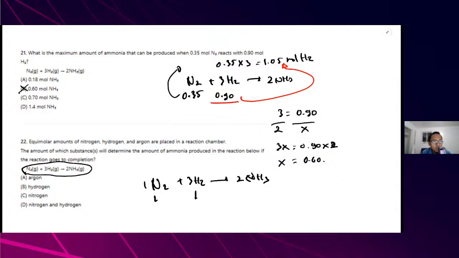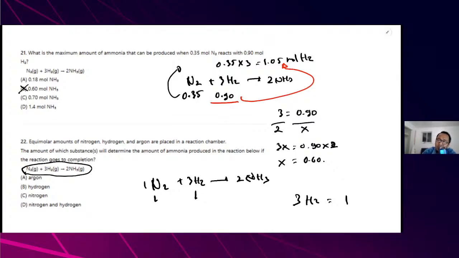You have too little H2: only 1 mole H2 for every 3 needed. It's like if we have 3 people but only 1 cookie, each person will be eating smaller pieces, right?